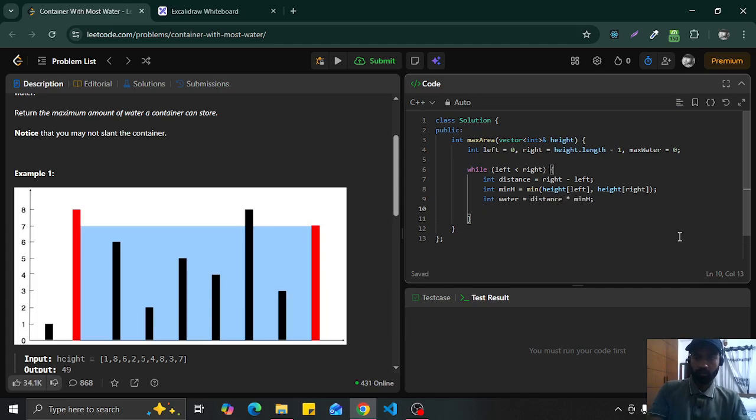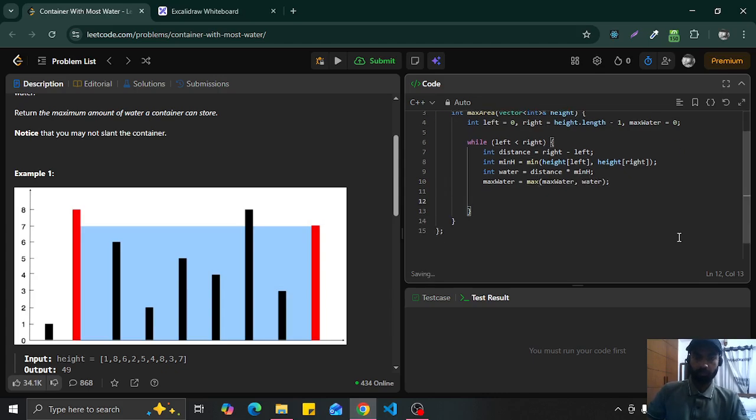Okay, now let's update the max water count. So max water is going to be the maximum of max water and current water. That's it. And to update the pointers, we will need a condition.